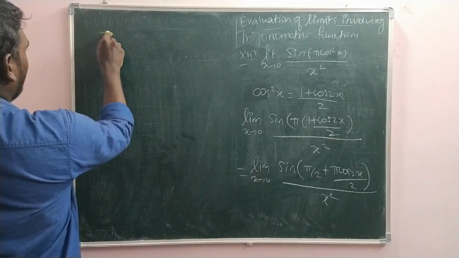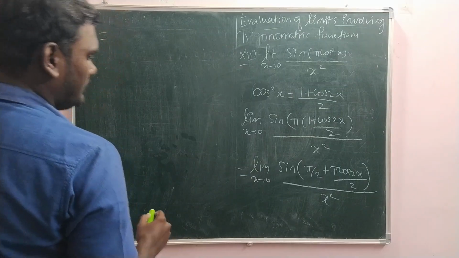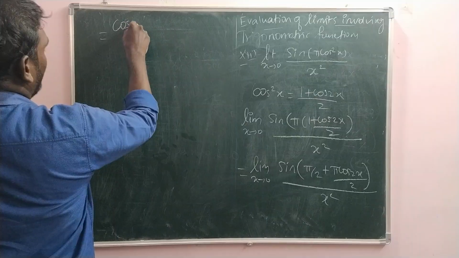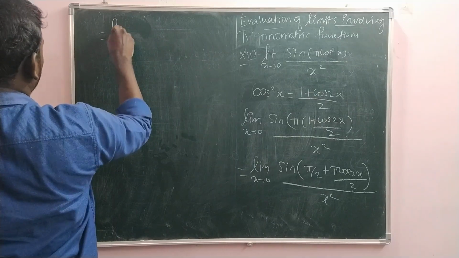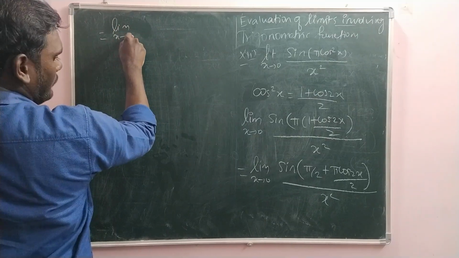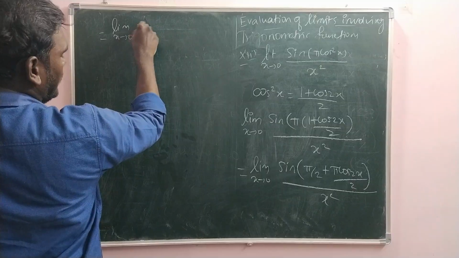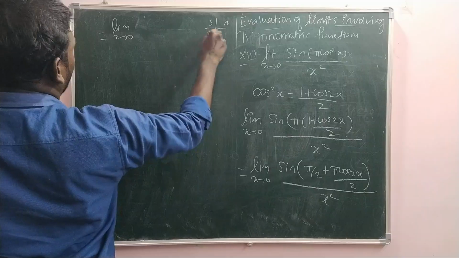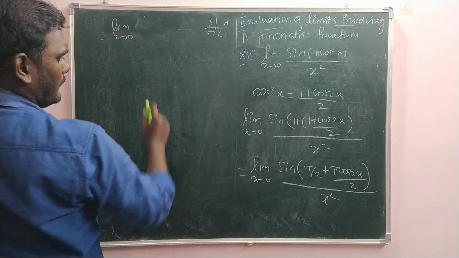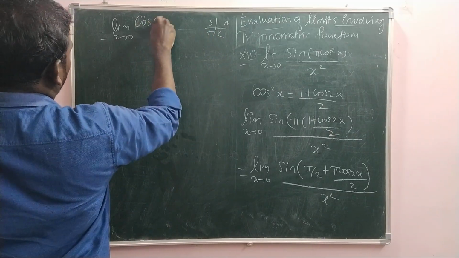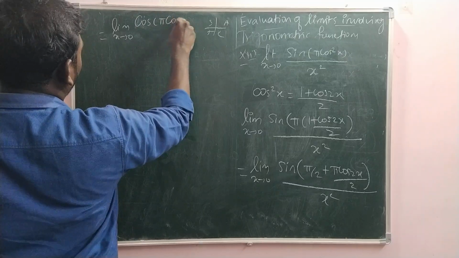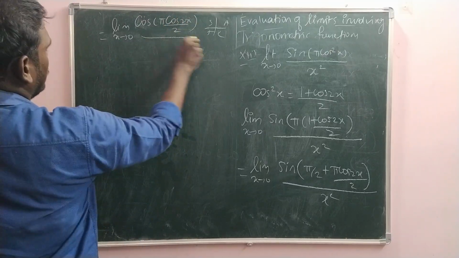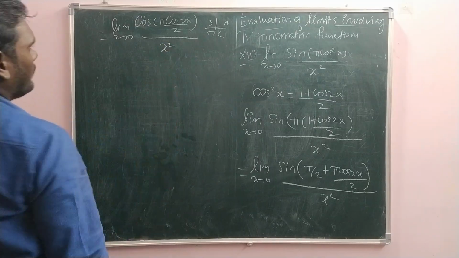Now what is this sine of pi by 2 plus those things? It is cos, minus cos? Why minus cos? Positive only, right? ASTC. Then we'll get cos of (pi cos 2x by 2) divided by x square.